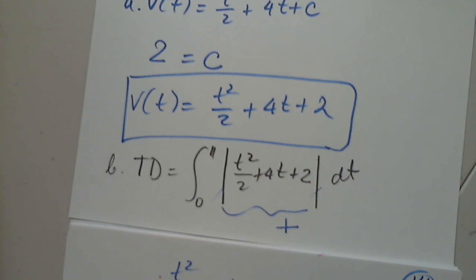And I'm only interested in 0 to 11. I don't care what the function is doing outside. Negative 10 to 10, with a scale of 2. So the function is way above the x-axis. It's always positive. I don't need to worry about anything.